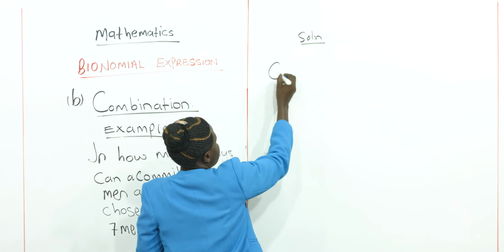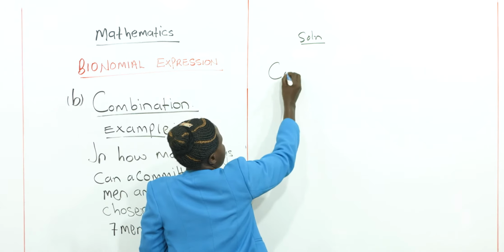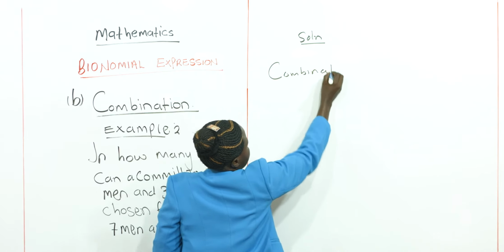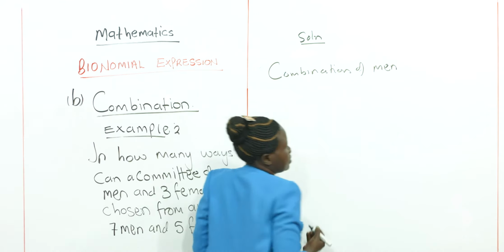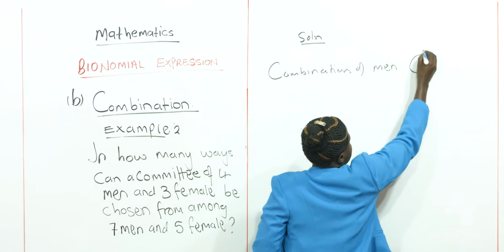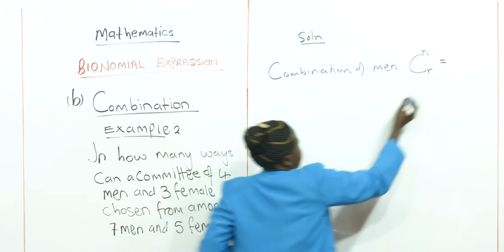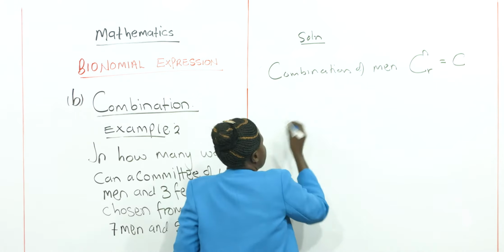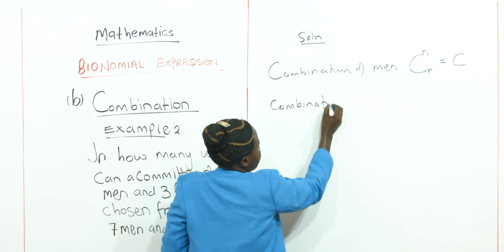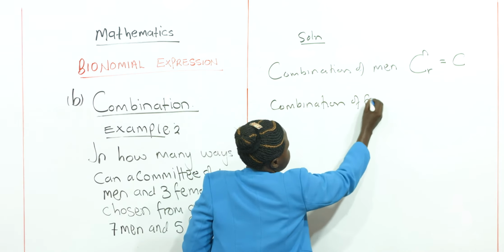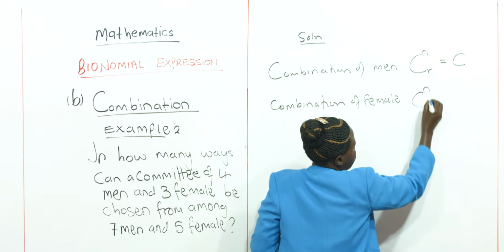So I will have a combination of men, which is C raised to N base R, and then a combination of women, which we also write as C raised to N base R.